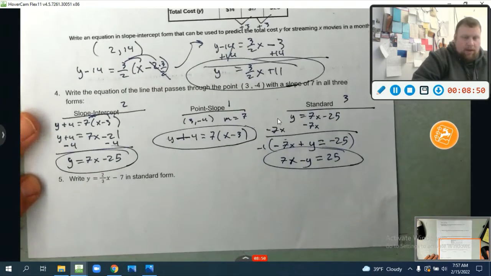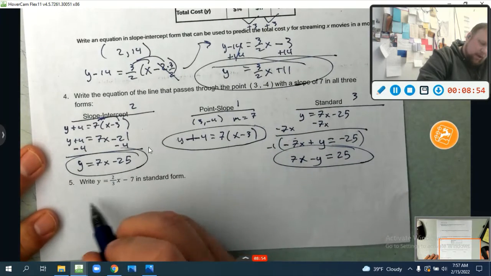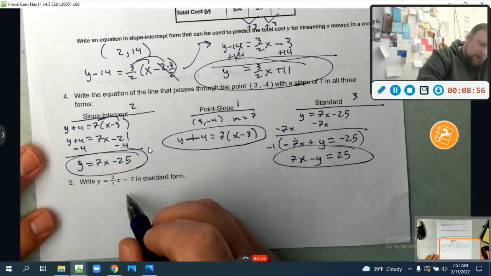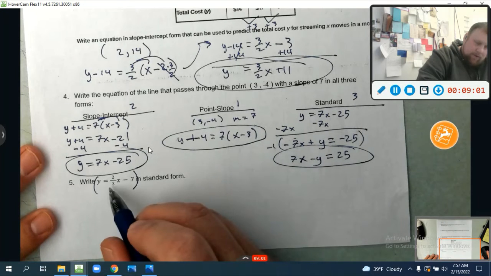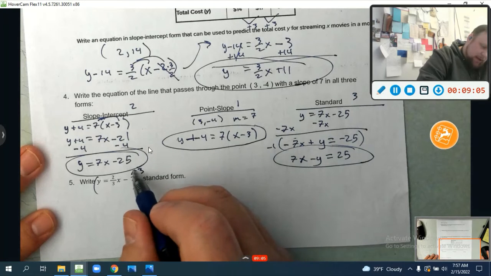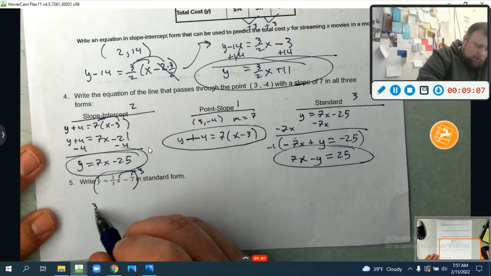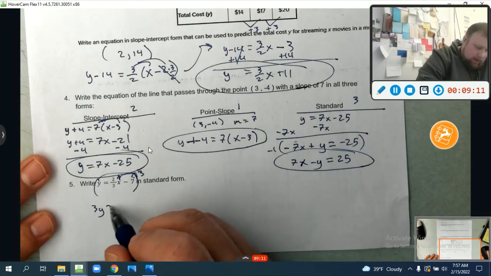Okay, now we're going to go into our last one on this page, which is using standard form again. To write this in standard form, first I need to get rid of the fractions. So to get rid of the denominator of 3, I'm going to multiply by 3 times everything. I end up with 3y times 3 times 3, right? Equals, the 3's cancel out here.